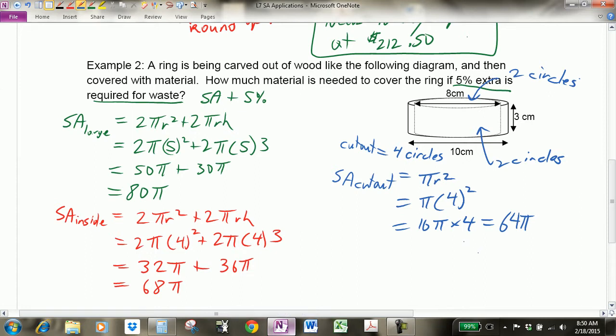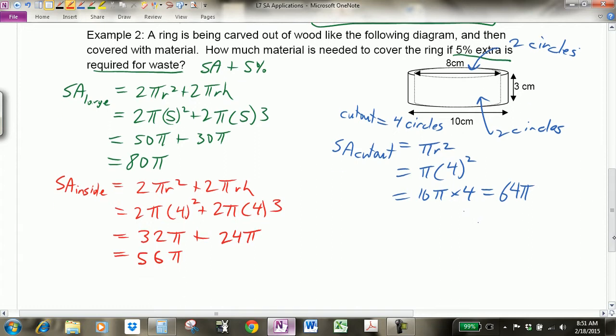Sorry, which inside what? 2 times 4, this one right here. Oh yeah, 8 times 3 is 24. Thank you. 24 pi, this will be 56. Is that better? Thank you, appreciate that.